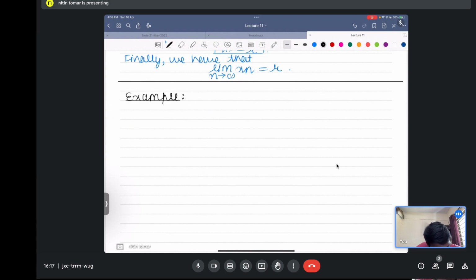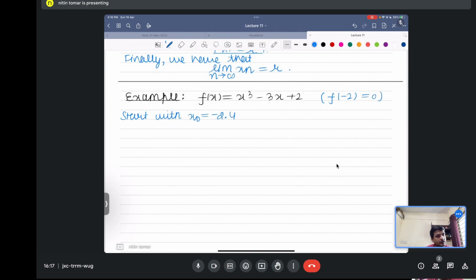Okay, so our function is this. Now if we choose our initial guess, let's say x naught is minus 2.4, its root is minus 2. Okay, it is visible, right? Yes, so f of minus 2 is 0.